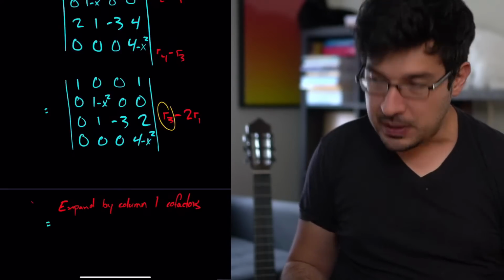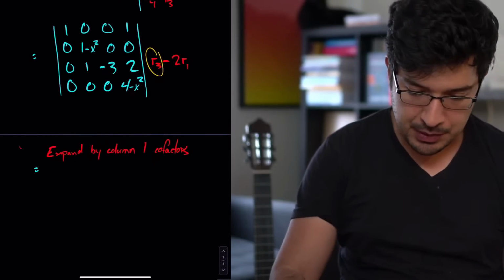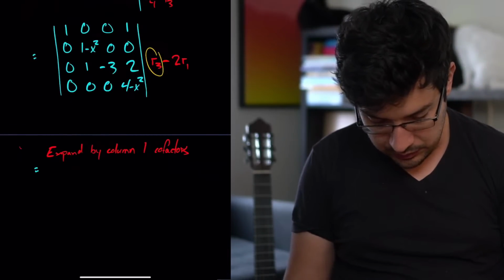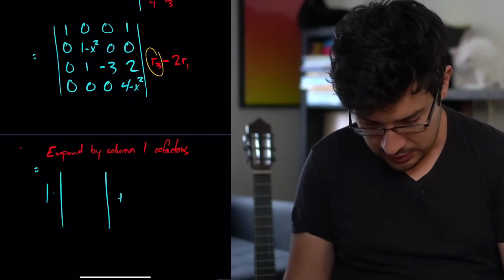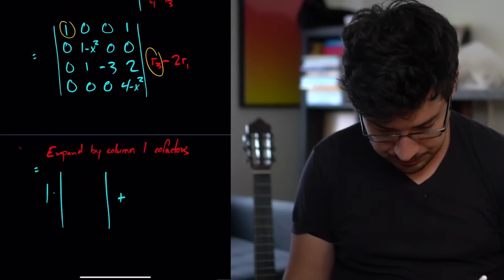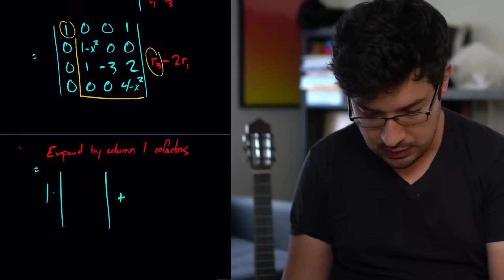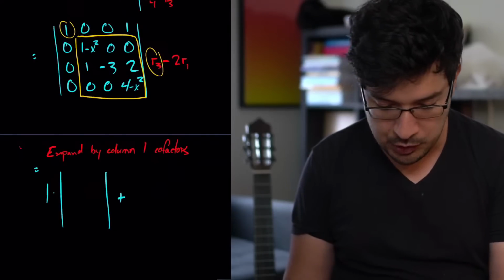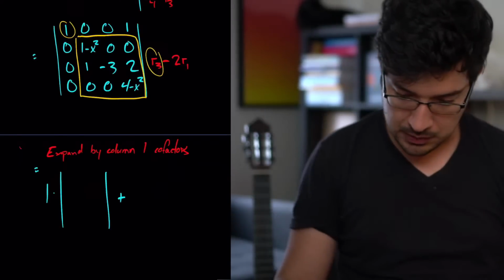Okay, and I'm going to write this out so that people see the full theory of what's happening, but it is going to be simpler. I wouldn't normally write out the whole thing. This is going to be the first entry times the determinant gained by removing the first column and the first row.